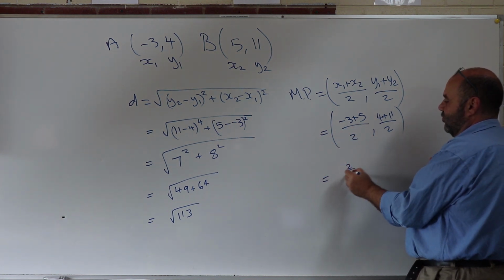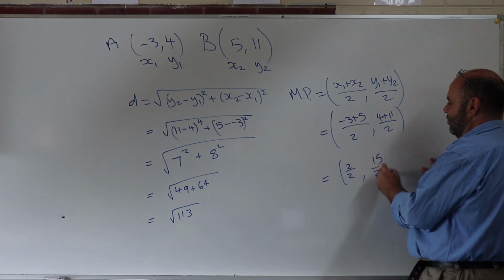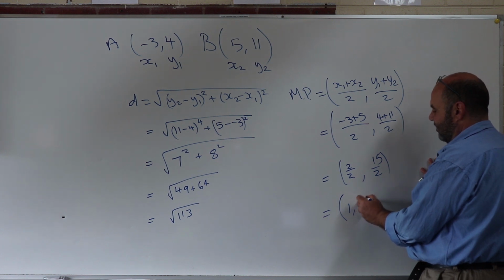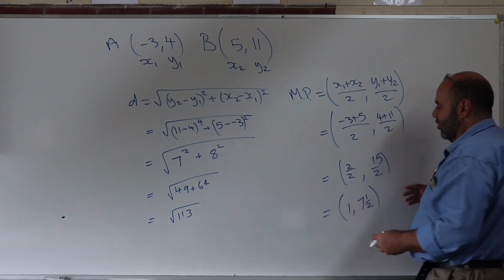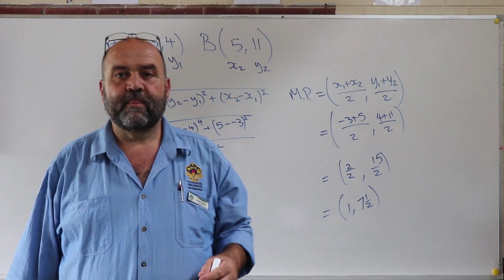So over here I've got 2 on 2 and 15 on 2. So I've got 1 and 7.5, or 15 on 2 if you prefer the improper fraction.